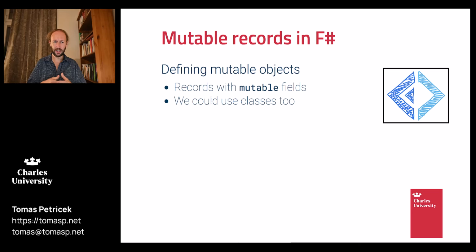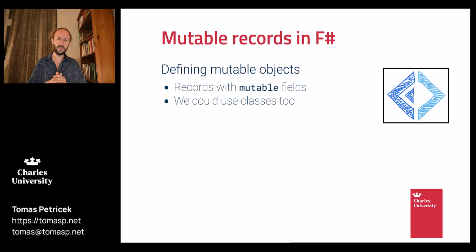So you've seen records already. A record just has a couple of properties of different types, and by default, records are immutable. You can't change them. You can only create a new value by copying the existing state and maybe changing some of them.